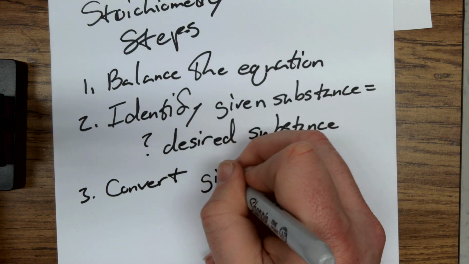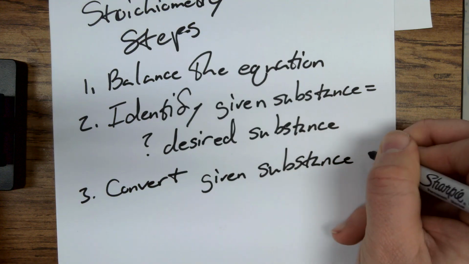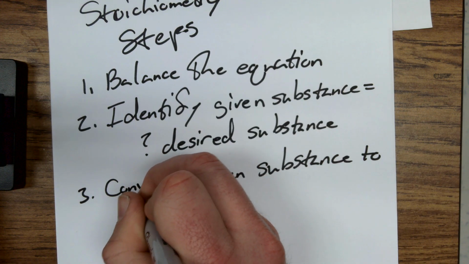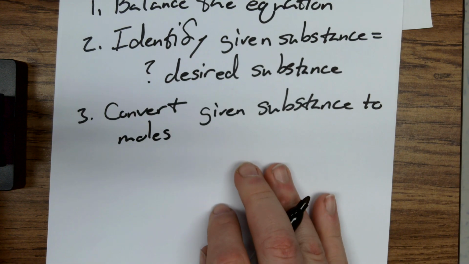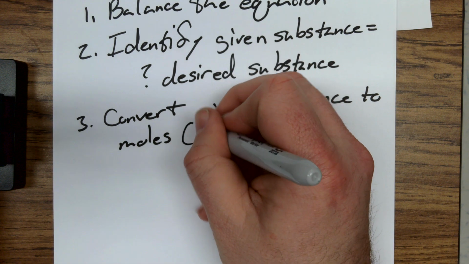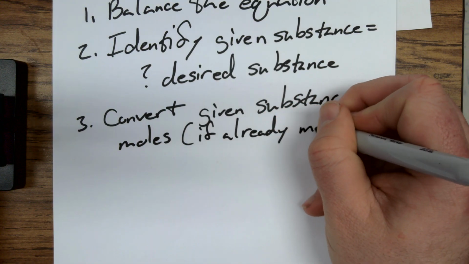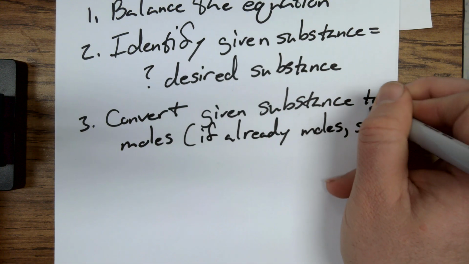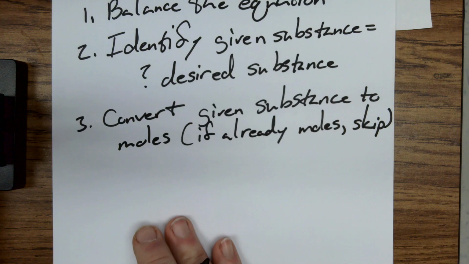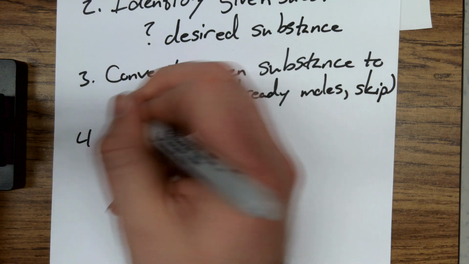Convert given substance to moles. If already moles, skip. Step 4.